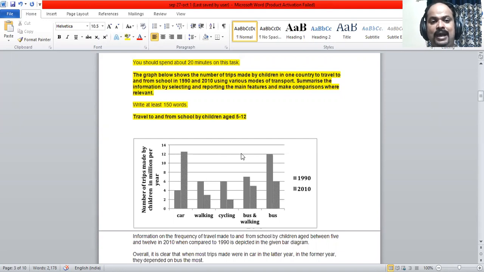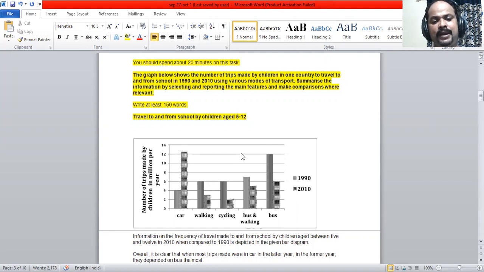We do have several ways to address this particular bar chart, because it's a single bar chart. You can compare the years, 1990 and 2010. That is one way of comparison.